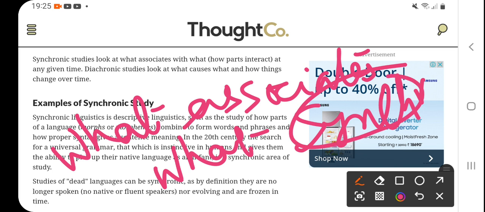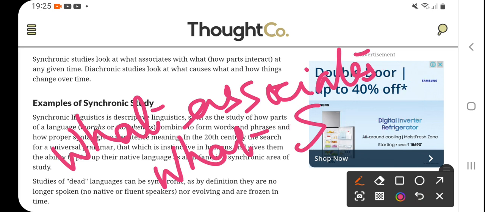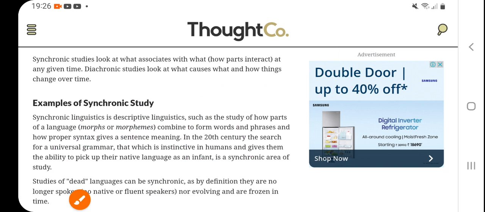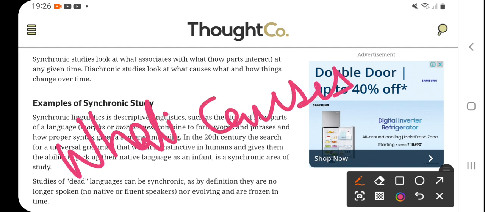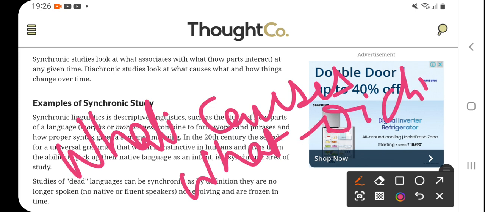And what causes what, that is diachronic.